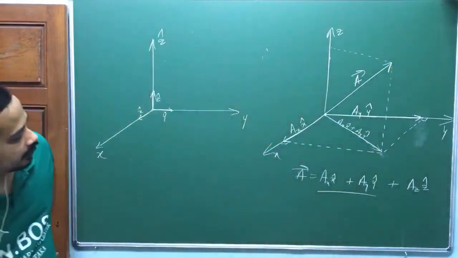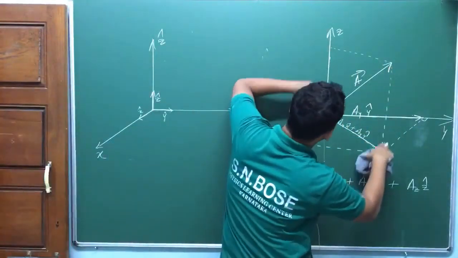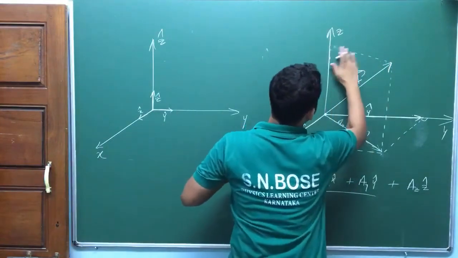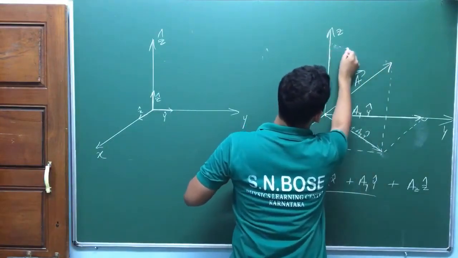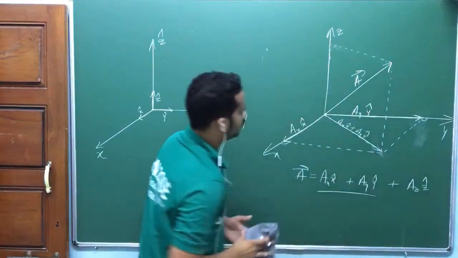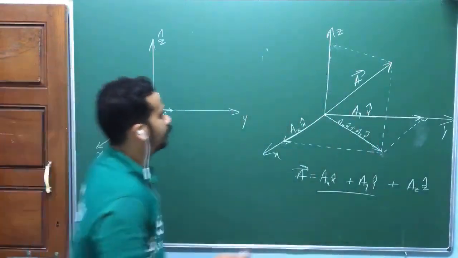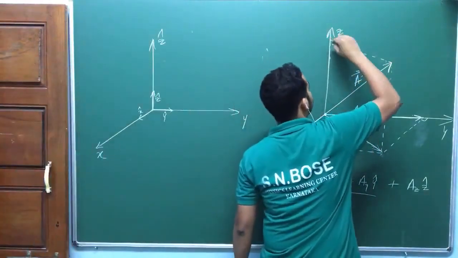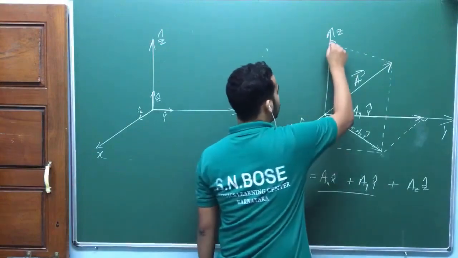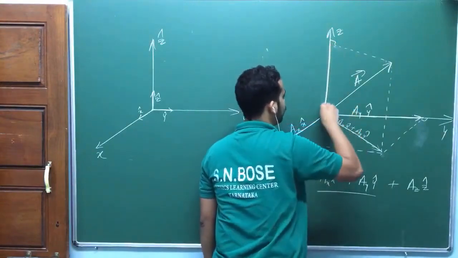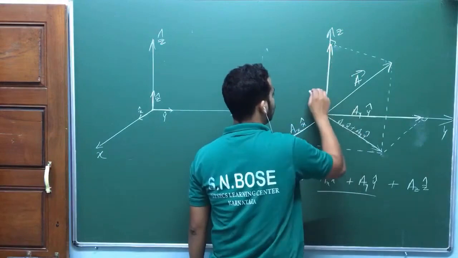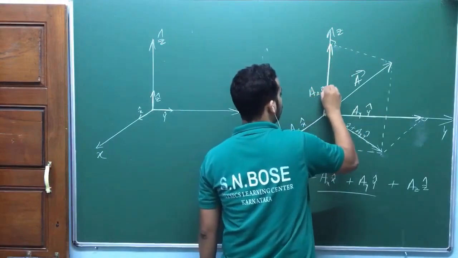Is that okay? I have drawn a perpendicular to the z axis. Okay, so then let me define this vector as az into z cap.